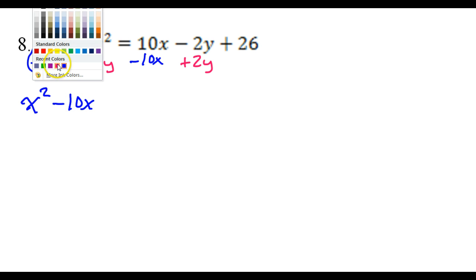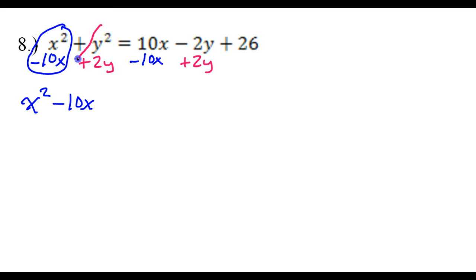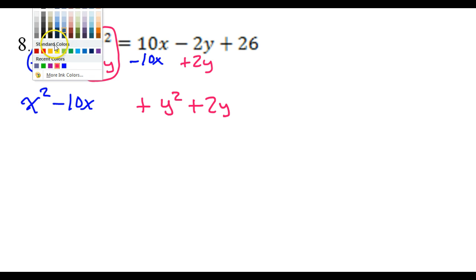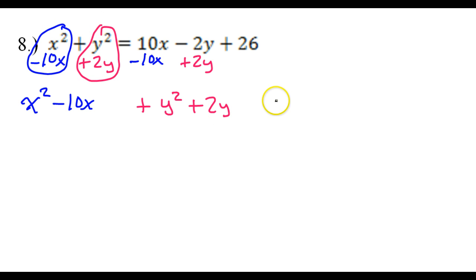And then I'm going to leave a gap, and I'm going to add on this pair. So that'll be plus y squared plus 2y. And I'm going to leave another gap. Okay, and the 26 is over there by itself, so I'm just going to leave it over there.